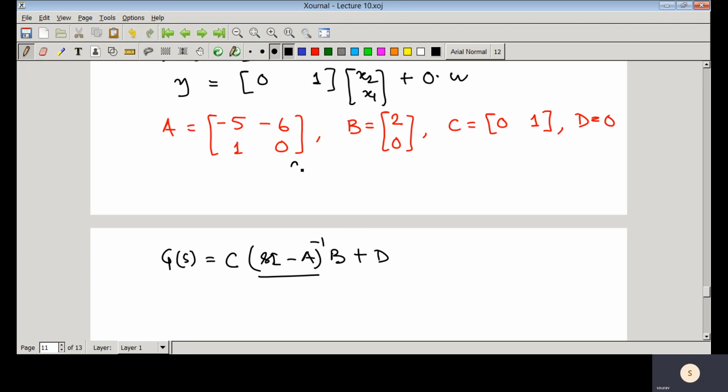As A is a 2 cross 2 matrix, it would be s into the 2 cross 2 identity matrix. So we are just finding what is sI minus A.